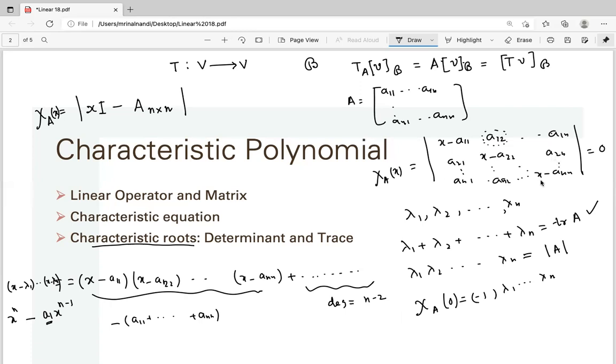Why is this a determinant? It will be slightly different. If you put 0 in this determinant, on the diagonal it will be minus a11 and so on. So you have to write it the other way, the determinant of xI minus A, that is nothing but minus 1 to the power n determinant of A minus xI.